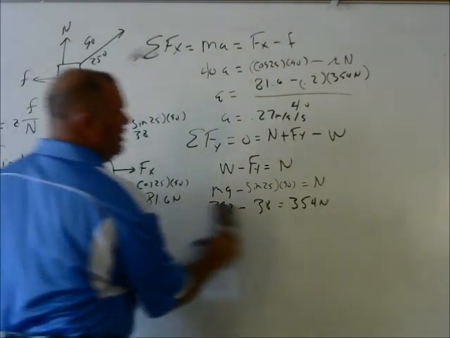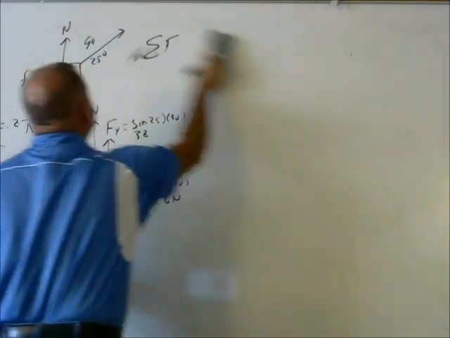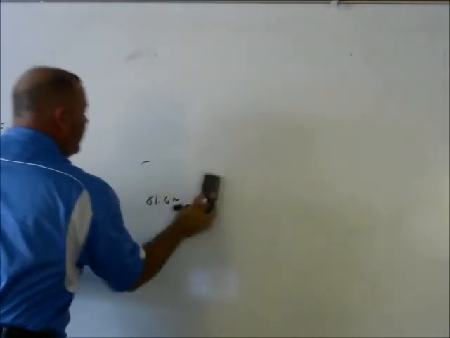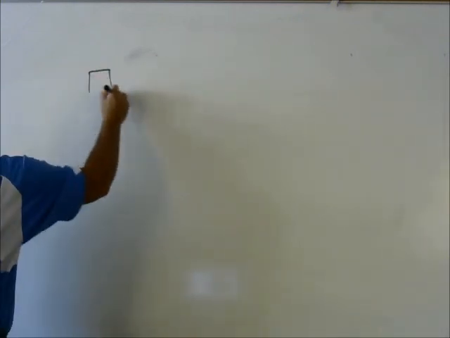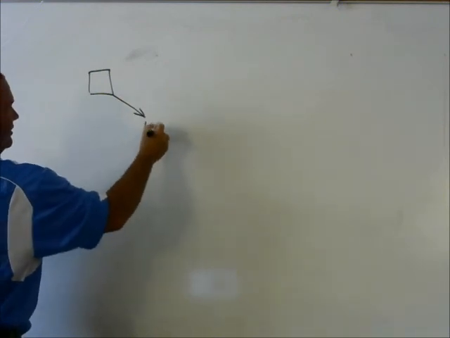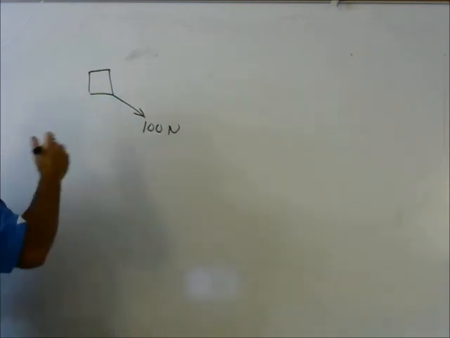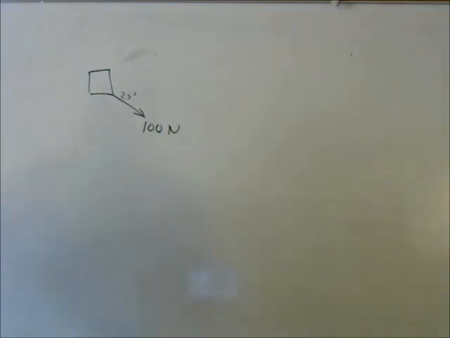And I guess the next logical question to look at would be, how would it accelerate if it were going the opposite direction? If the force applied were downward, in this case I'm going to give it a 100 Newton force down at 25 degrees because I don't think the other one's going to work.